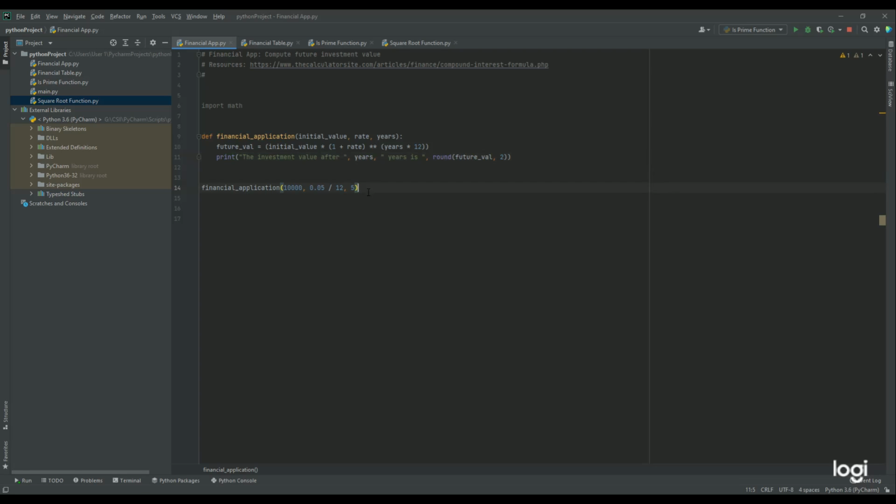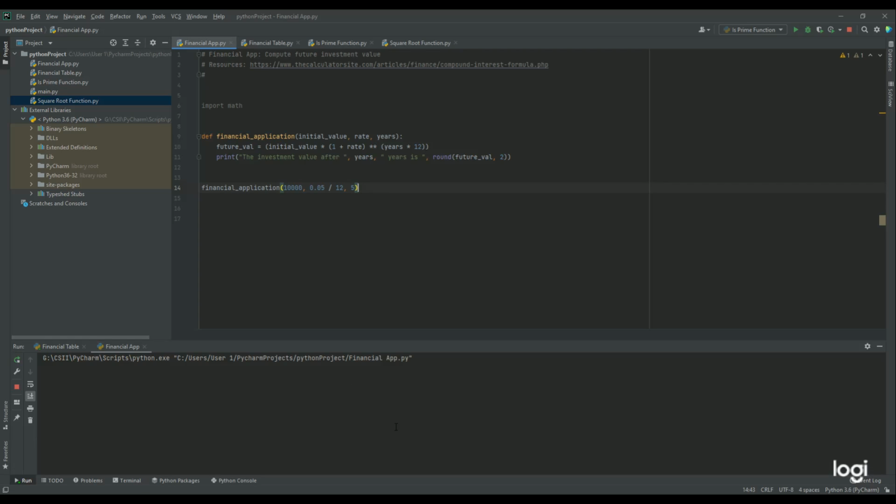So as we can see here, I have the financial application. I inputted $10,000 as my initial value. I gave it the rate, which is 0.05 divided by 12 months, over a period of 5 years. So we'll go ahead and run this and see what it gives us.